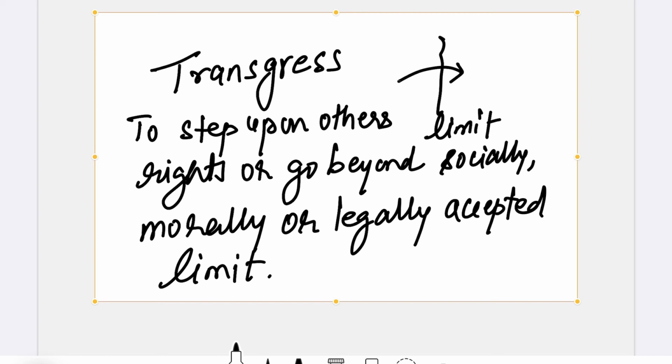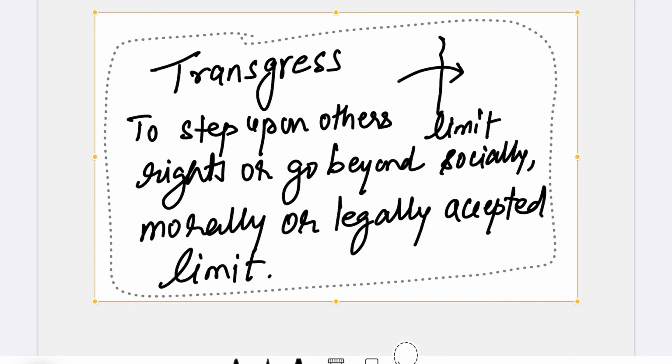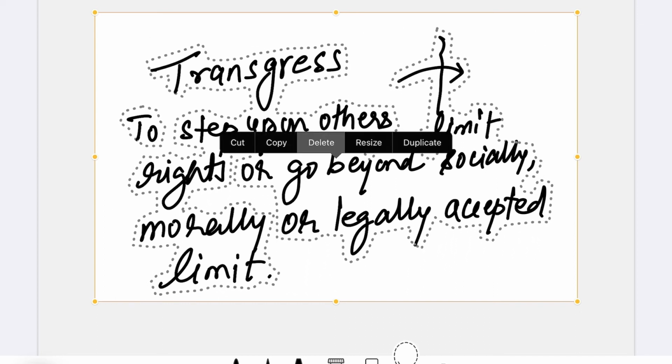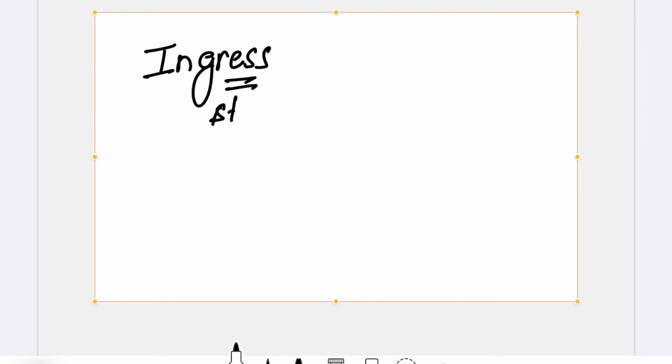Let's move on to today's another word for the root word gress. The word is ingress. Ingress. Gress is step. Okay. In means entry.